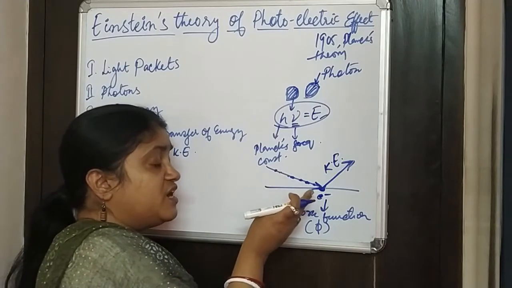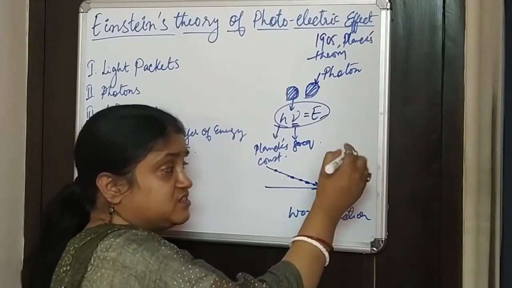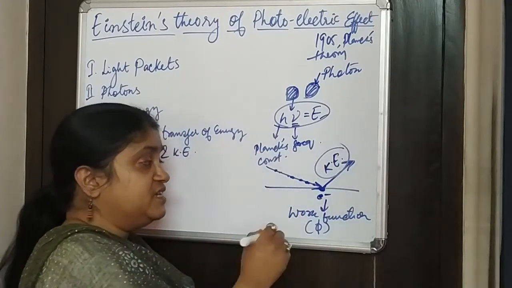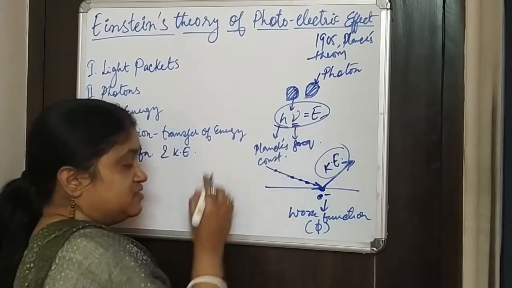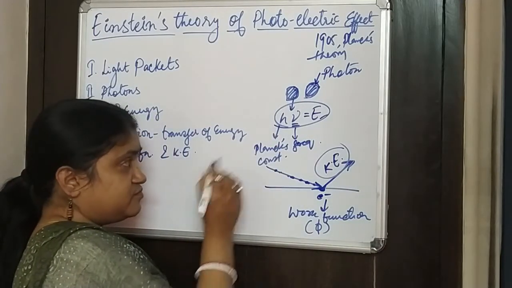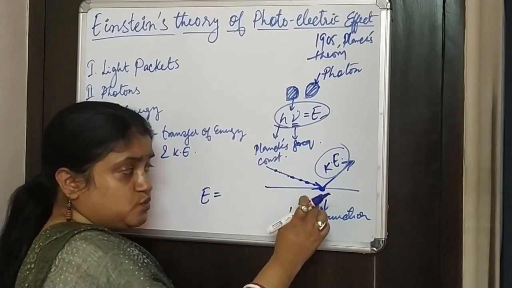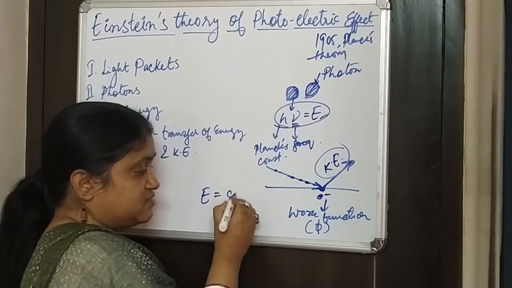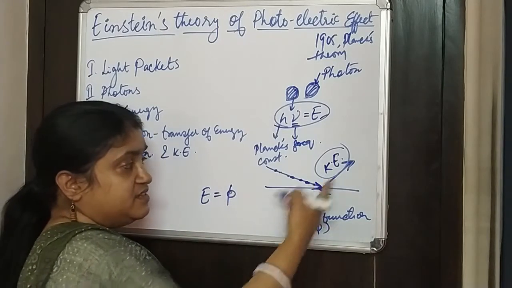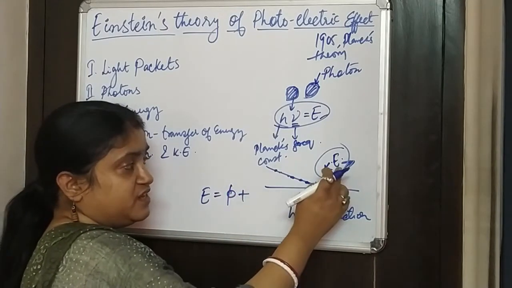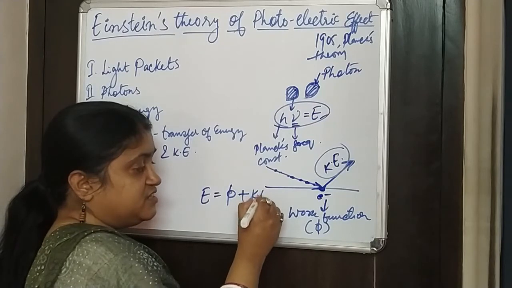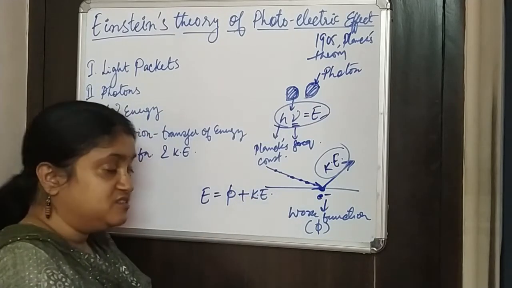And if the electron has to escape and come out with a certain kinetic energy, then the energy here is firstly used to take out the electron, that is the work function, and then the rest of the energy will be ejected as the kinetic energy.